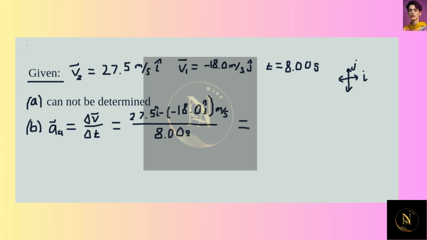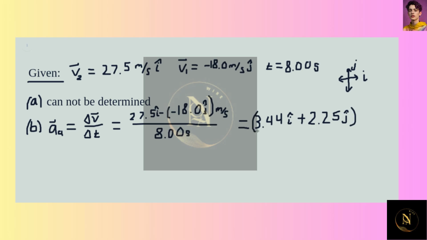Okay. If you carry this out, you'll find that 27.5 divided by 8 is 3.44, so that's 3.44 in the I hat direction, plus minus 18, which is plus 18, divided by 8, 2.25, and that is in the J hat direction.